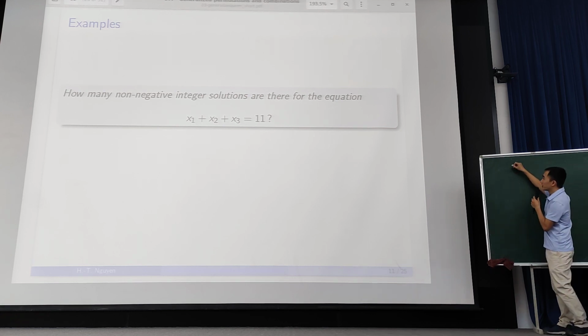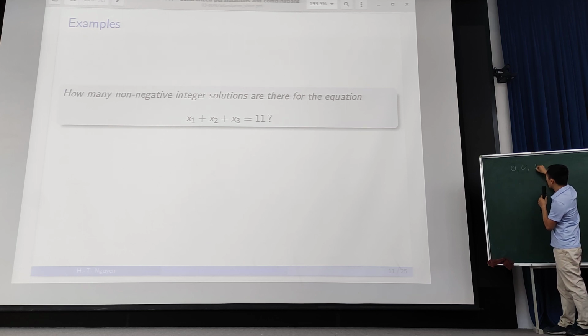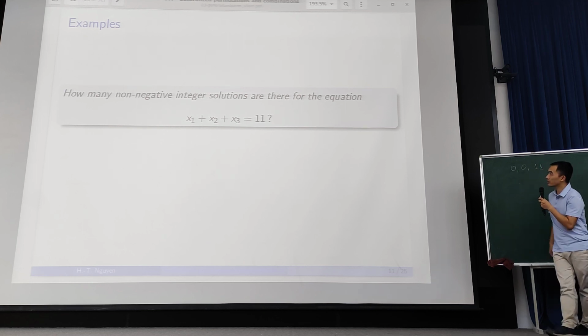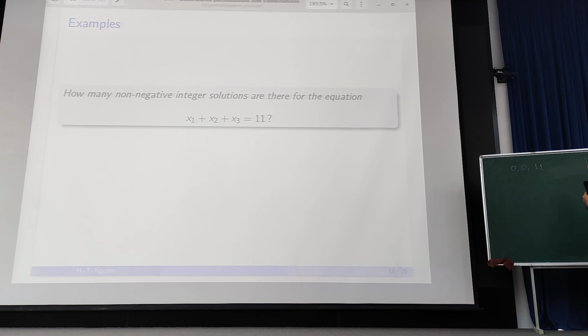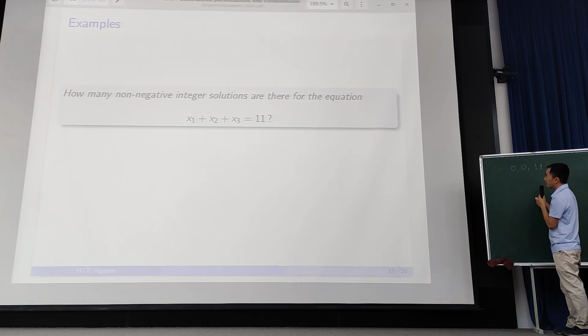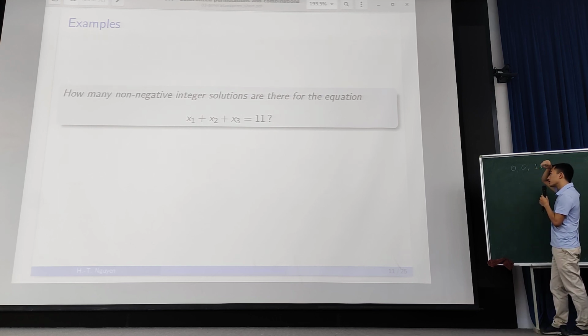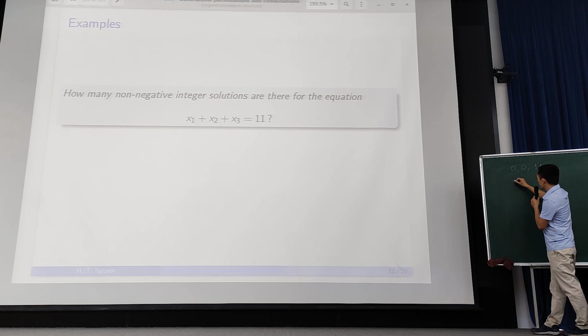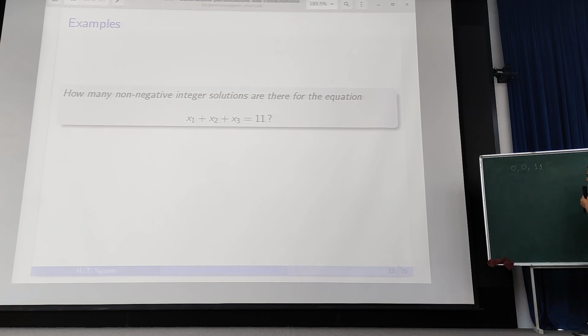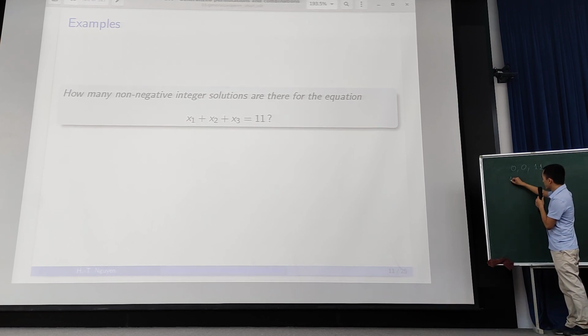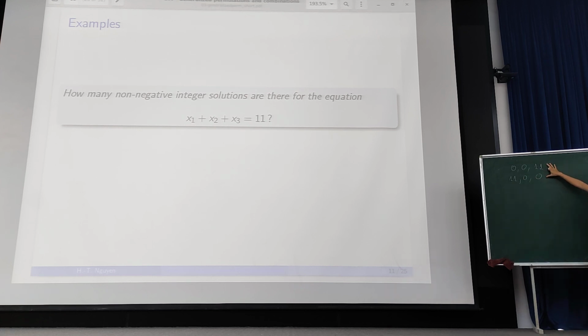So for example, you have 0, 0, 11. Okay? So here at first sight you can see that maybe there is no repetition because these are 2 different solutions.